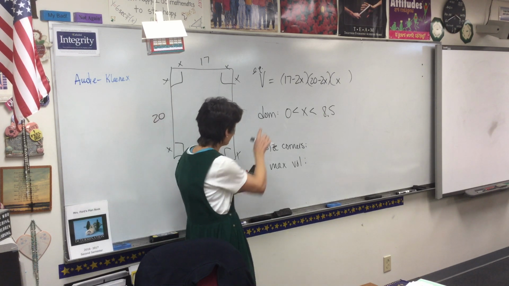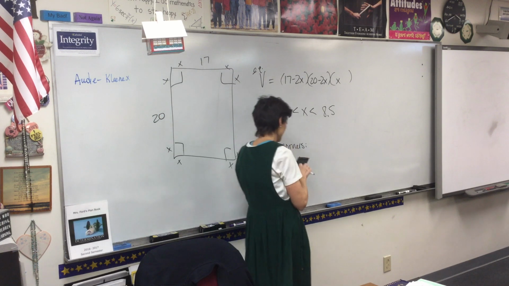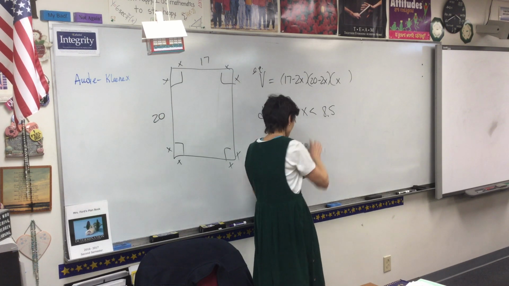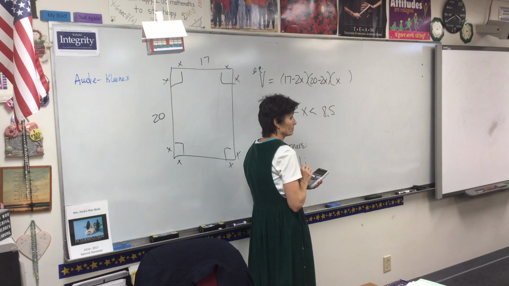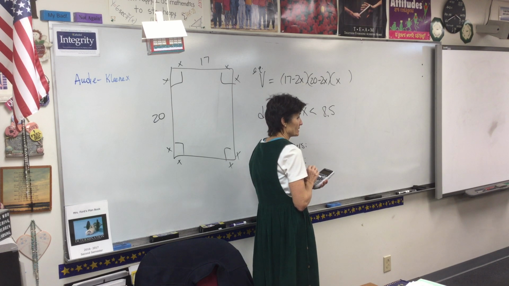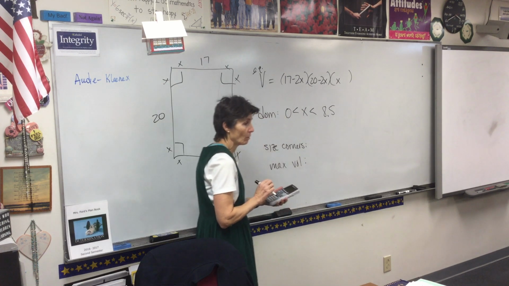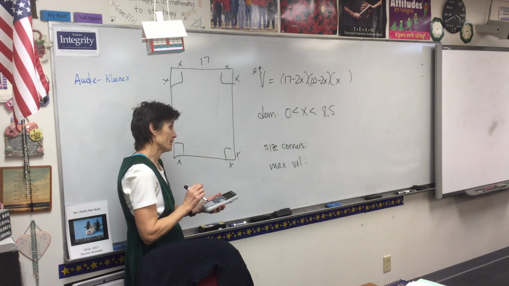And then I'm going to change my window. So this is x min always. This is x max always. What's y min? 0. Y min is always 0 because volume can't be negative.